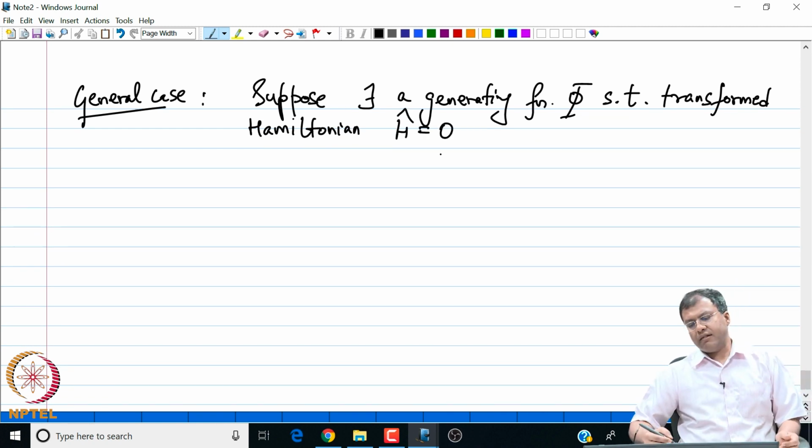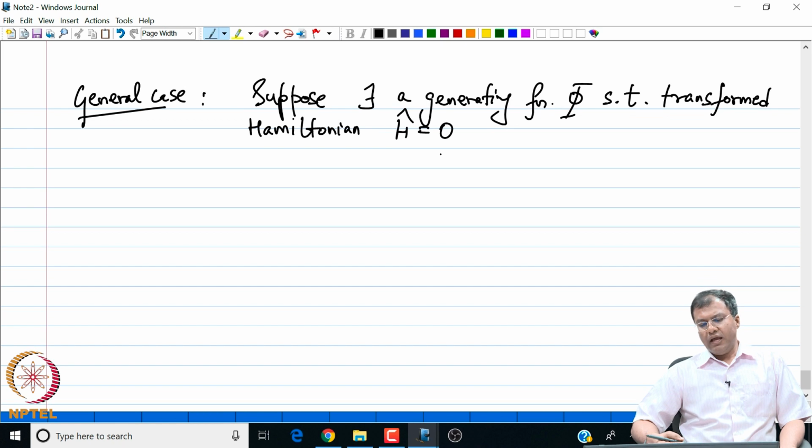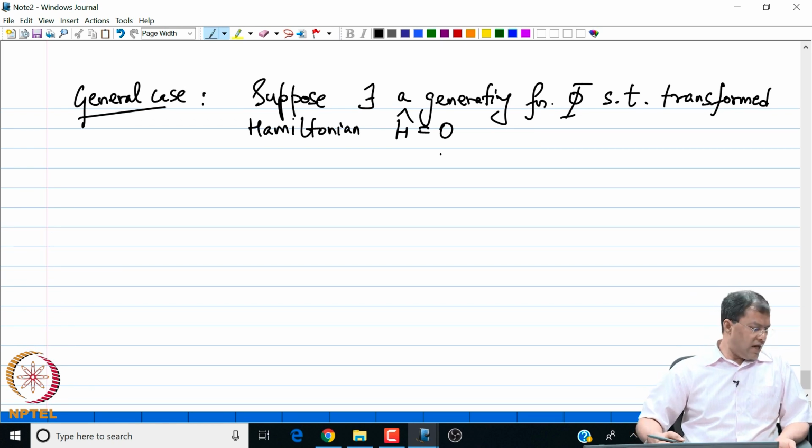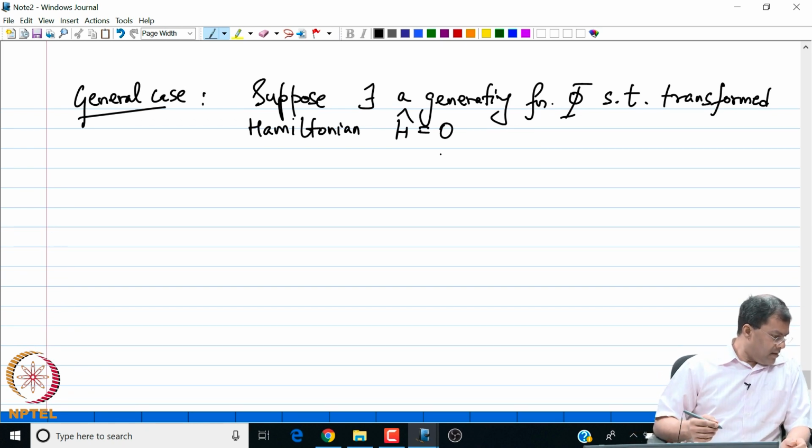What I am saying is, the generating function is such that the Hamiltonian in the new coordinate frame, capital P capital Q, is identically equal to 0, as simple as that.